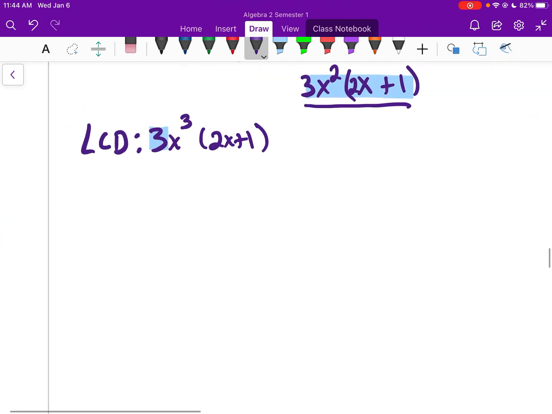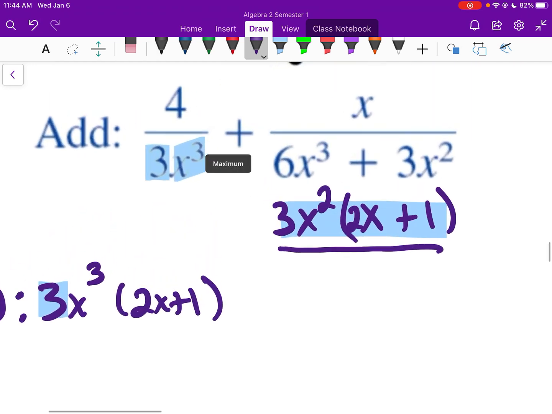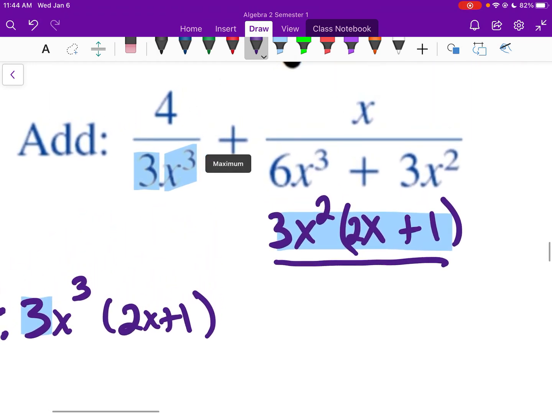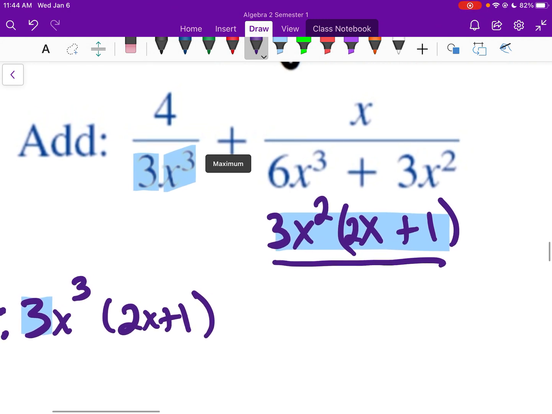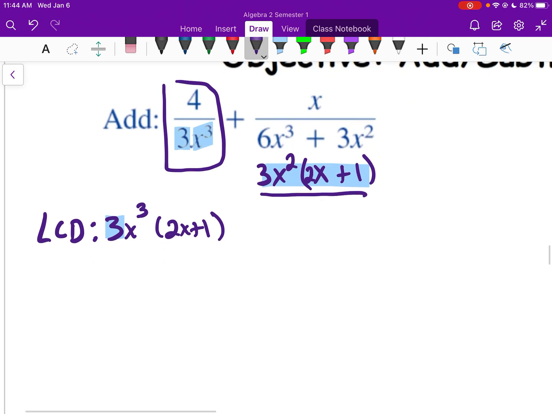Now, in order to get common denominators, let's break this down. This first term, I'm going to multiply by whatever term I am missing. So when I look at 4 over 3x cubed, whatever that denominator is missing, I'm going to multiply by it.